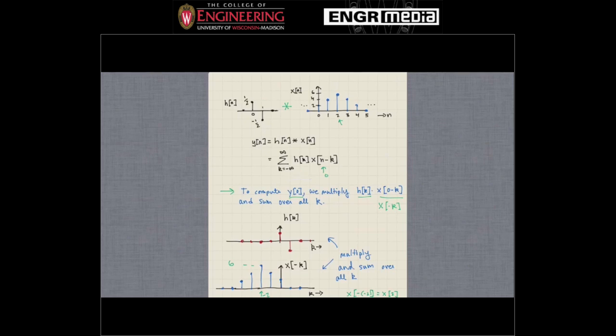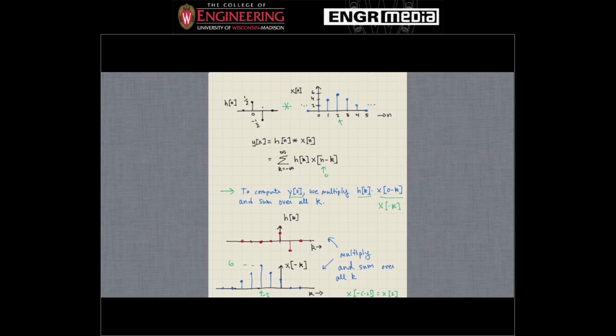We're going to multiply these two signals together, and you can see in all these locations where h of k is 0, when that gets multiplied by x of k, that's just going to kill off all those values of x of minus k. So the only place where it's non-zero is when k equals 0, right?